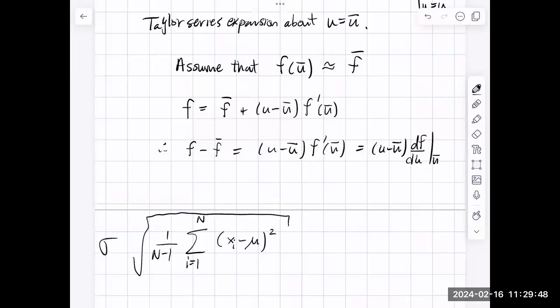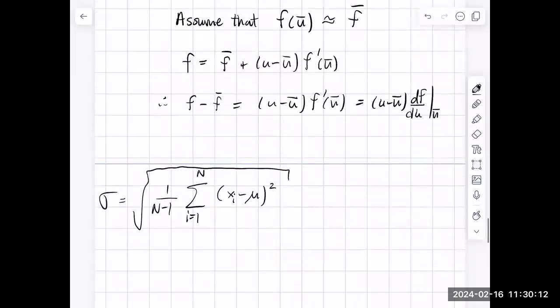So this is the standard deviation of X. So what I'm going to do is apply the same sort of calculation to F minus its average. This is the definition of standard deviation.